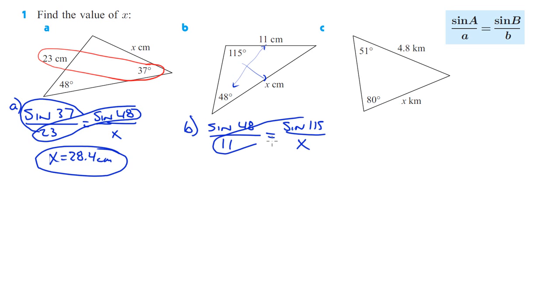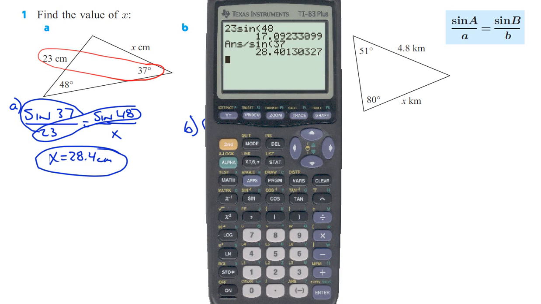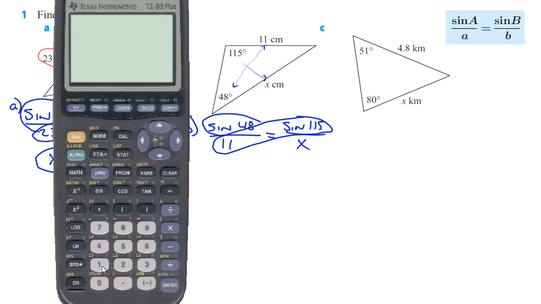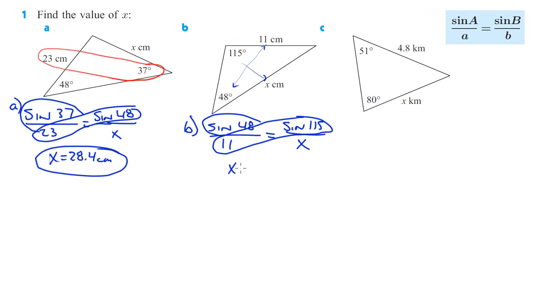So again, cross multiply and divide, and that'll tell us what our x is. So 11 sine 115 equals 9.96. Divide that by sine of 48, and we get 13.415. So let's go with x equals 13.4 centimeters for the x.